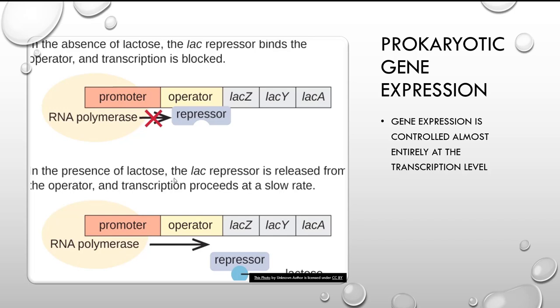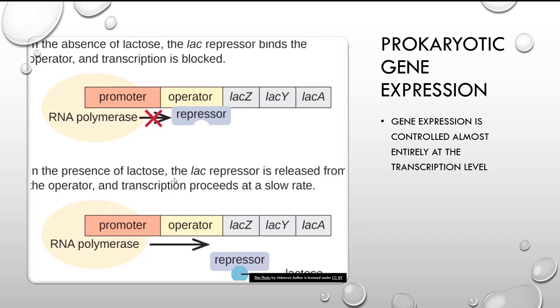What's interesting about E. coli is it has a control system called a lac operon. A lac operon is just a stretch of DNA that has genes that code for proteins that help absorb and metabolize lactose. Lactose, if you recall, is a dairy sugar.